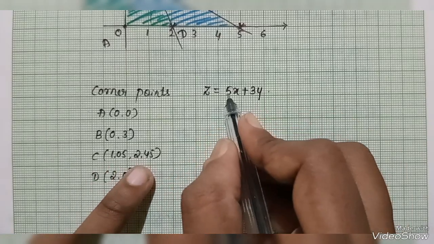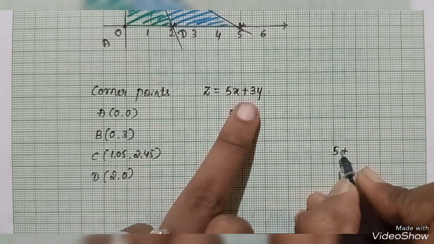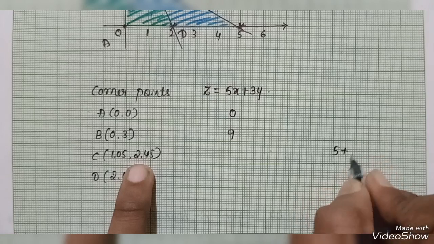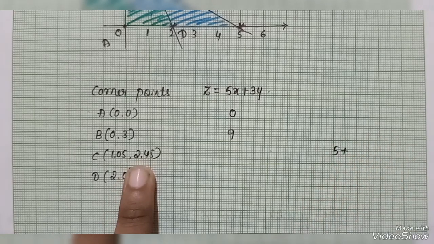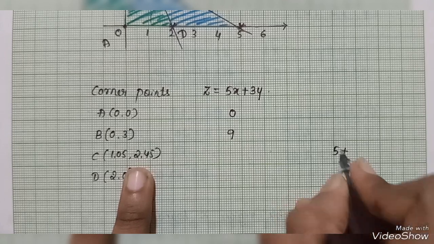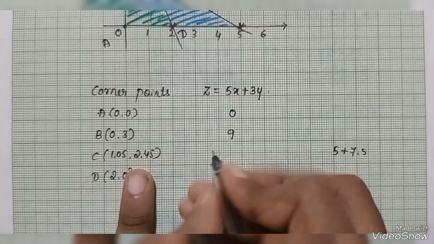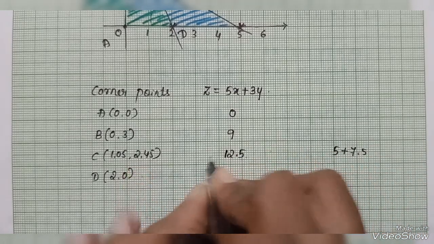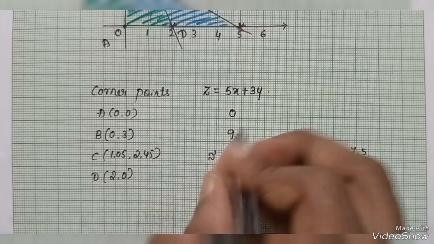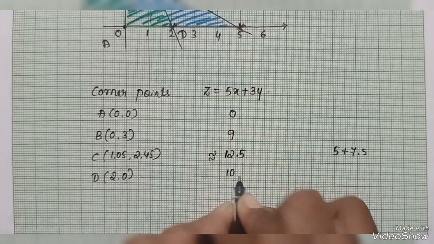Simply 5 into 1, 5, plus 3 into 2.5, that is nearly 7.5, that is again 12.5, nearly 12.5. Again put x equals 10.